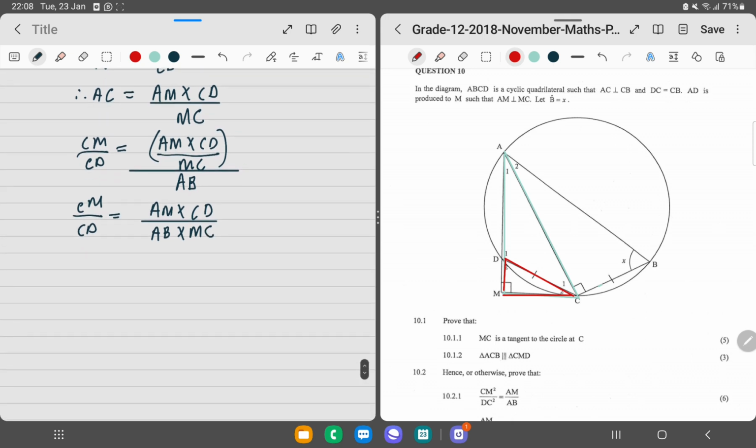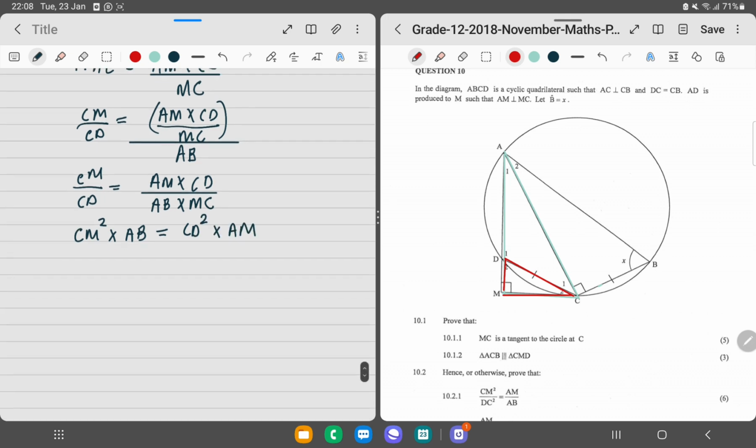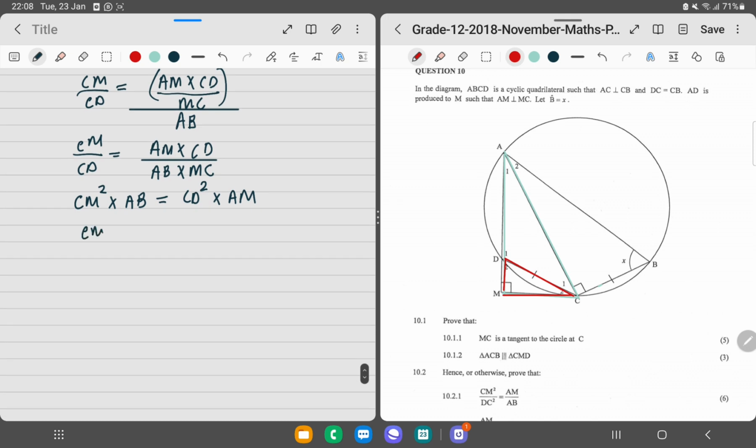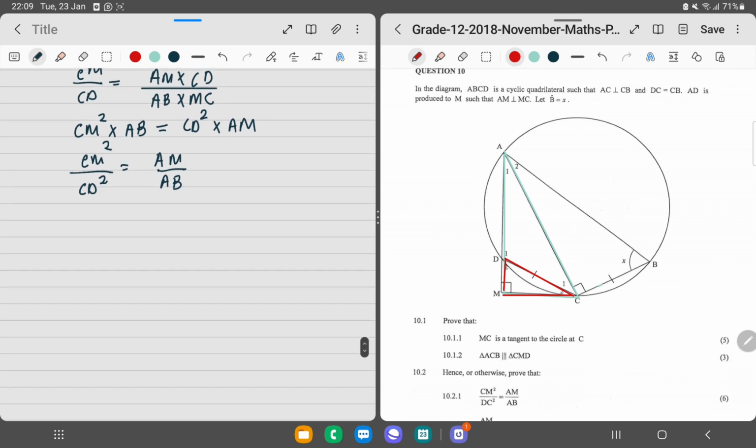And I'm just going to cross multiply. CM multiplied by MC, that is going to be CM squared, and then multiplied by AB. And then this is CD squared multiplied by AM. Then I'm just going to fix this. CM squared over CD squared is equal to AM over AB. So it's proven.